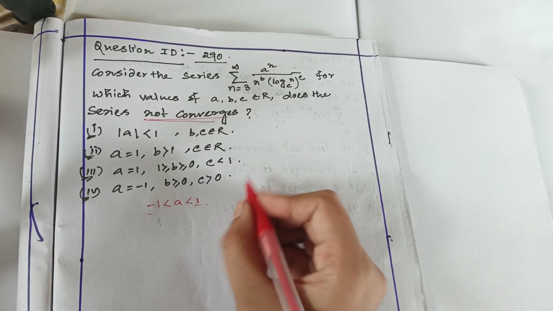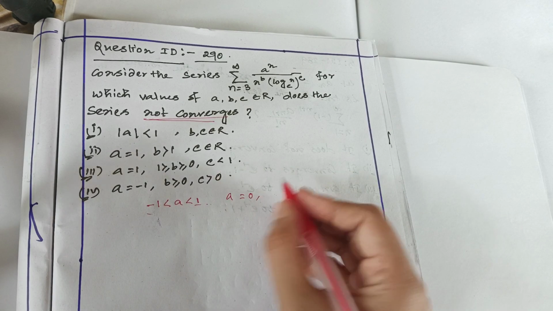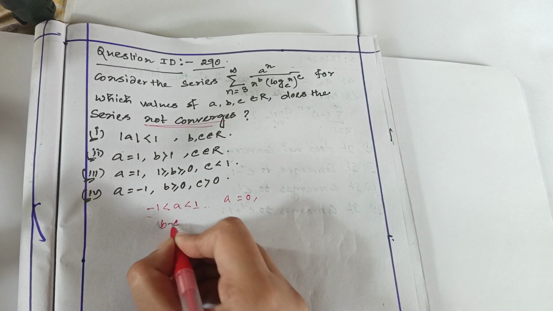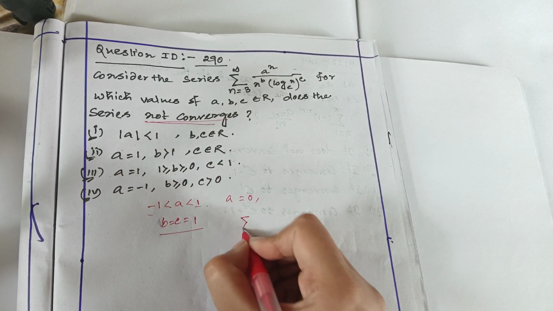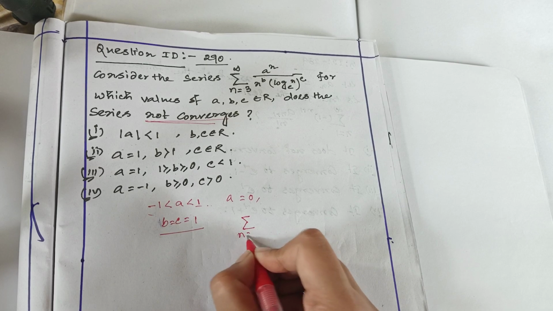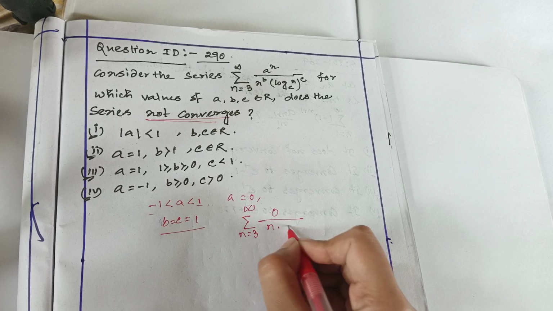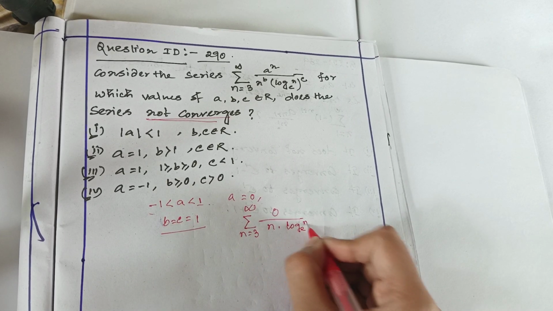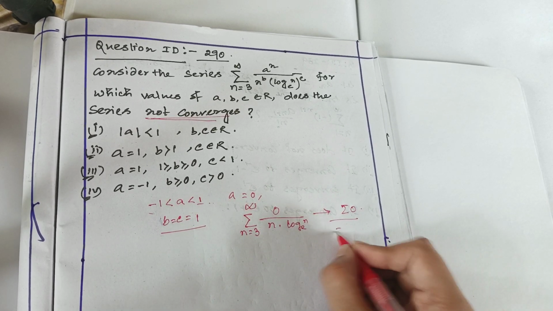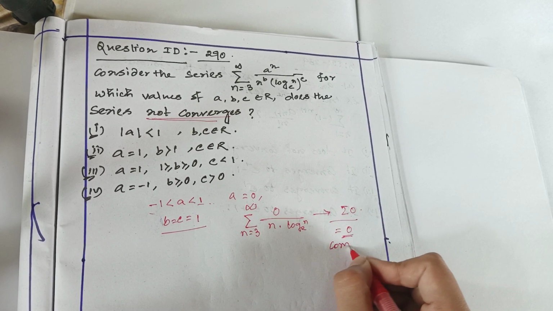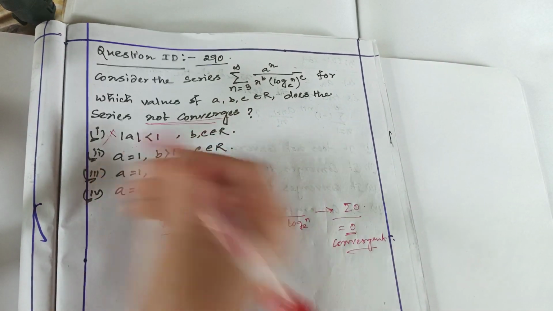So if we consider a_n equals 0, and b equals c equals 1, we see that this series is summation of n equals 3 to infinity of 0 by n log n to the power 1. So summation of 0 is equal to 0. So that is convergent. Is it clear to everyone? But here the question says not convergent, so the first option is discarded.